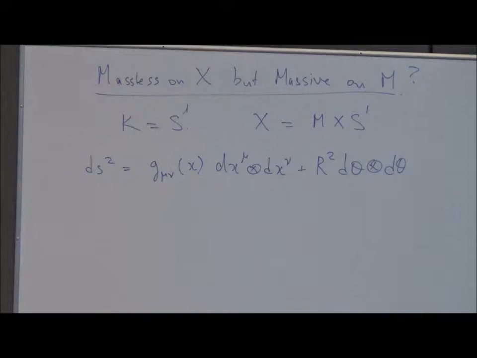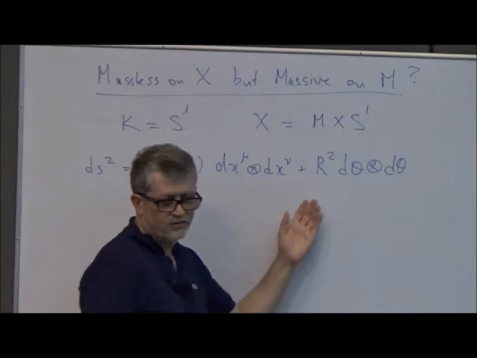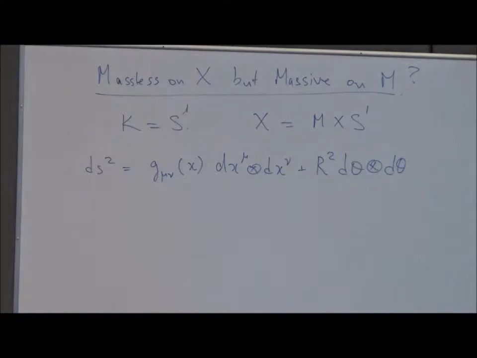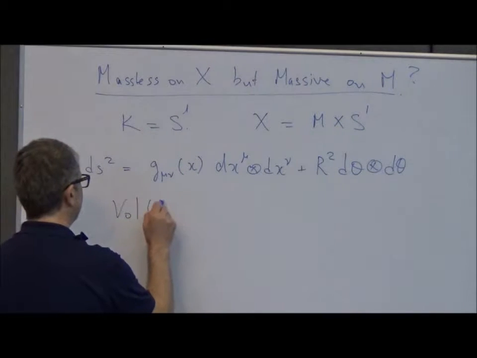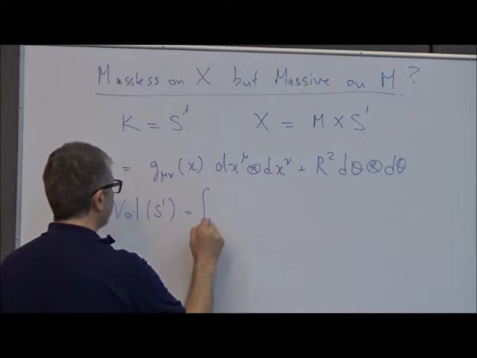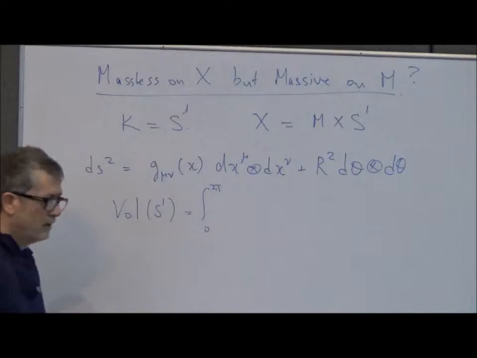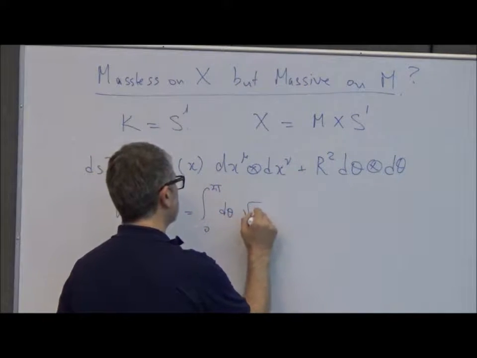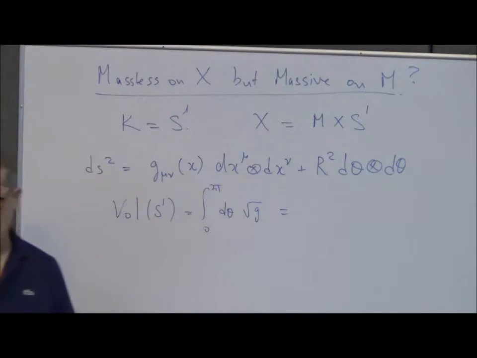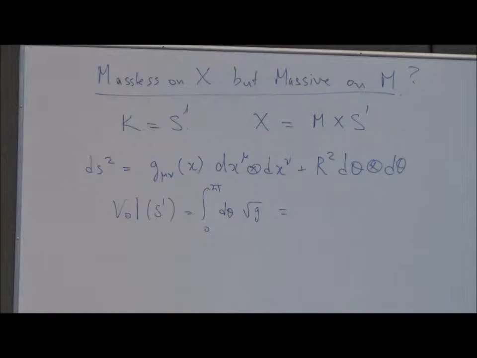R is of course nothing more than the radius of the circle. So the volume of S1, so let's calculate the volume. This is the integral from 0 to 2π, dθ root g. g_θθ is just r squared.